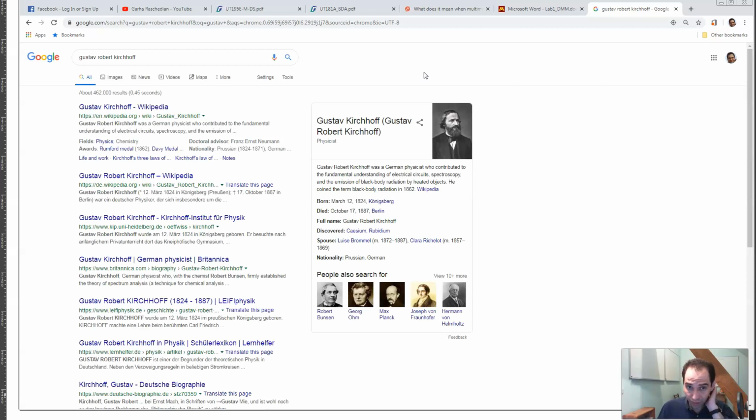He was a German physicist who contributed to the fundamental understanding of electrical circuits, spectroscopy, which I don't know what that is, and the emission of blackbody radiation by heated objects. And he coined the term blackbody radiation in 1862.